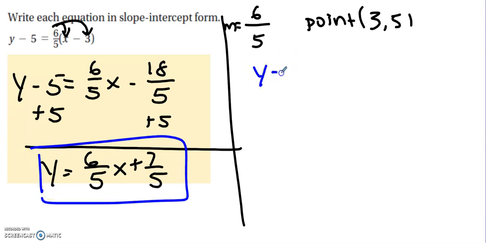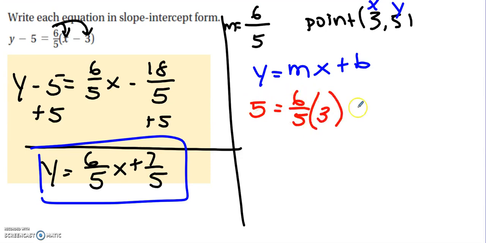So if y equals mx plus b, this is just going to be x, this is just going to be y, so that's what I'm going to plug in. I'm going to be left with my y, which is 5, equals, sorry, slope first. 5 equals 6/5 times 3 plus b. So the only thing I don't have is b.